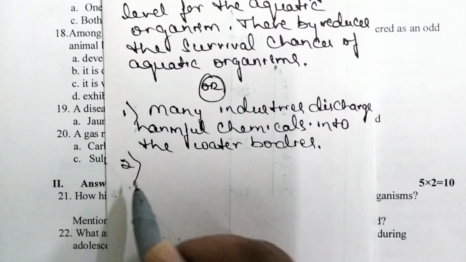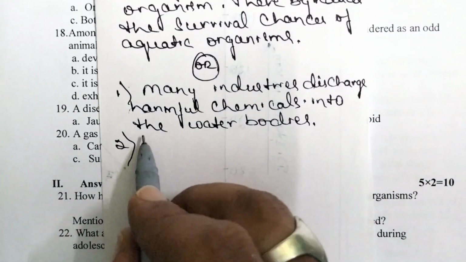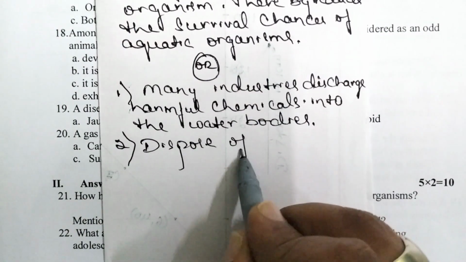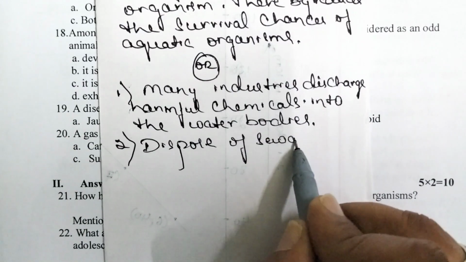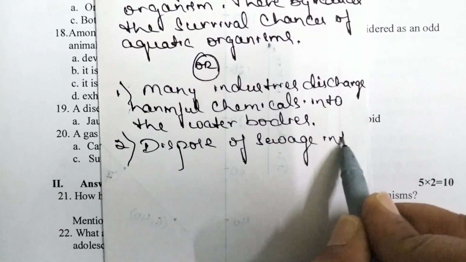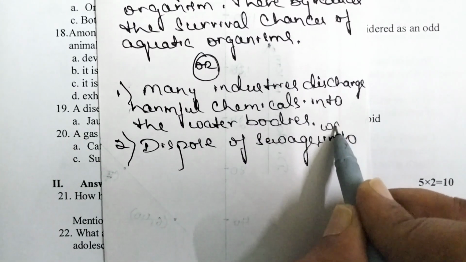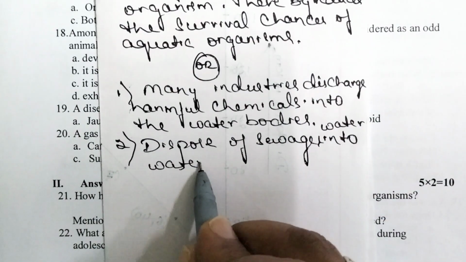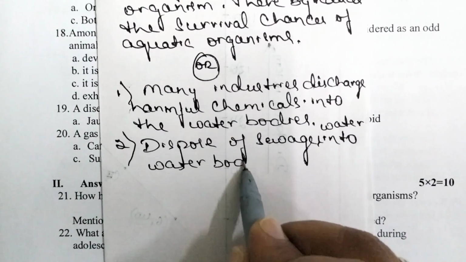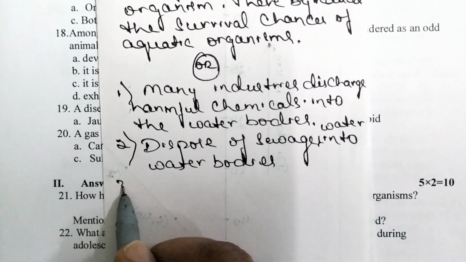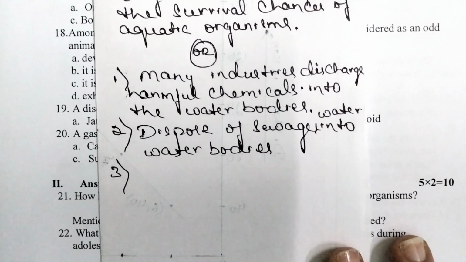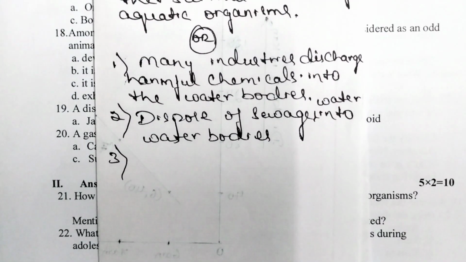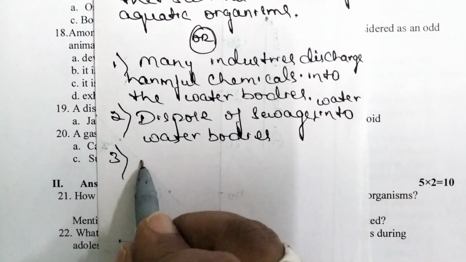This is the first one. Next, the second one is disposing of sewage water into water bodies. The drain water or the water used in domestic work, we are dumping or disposing into water bodies, which makes the water polluted.